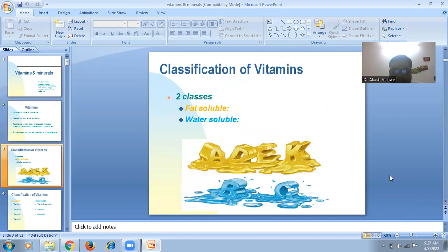So what are the types or classification of the vitamins? These are basically divided into two types. One is the fat soluble vitamins, another one is the water soluble vitamins.